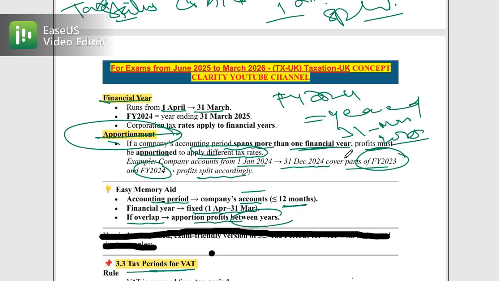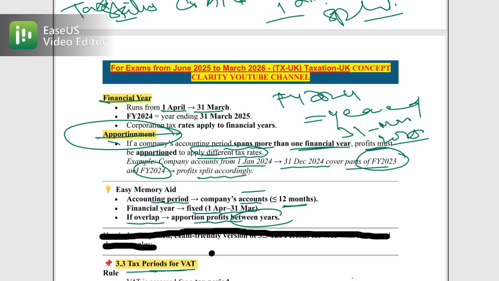If a company accounting period spans more than one financial year, then the profit must be apportioned and a different tax rate applied. For example, accounts from 1st January 2024 to 31st December 2024 cover parts of the financial years 2023 and 2024, so the profit is split and you will have to apply different tax rates.